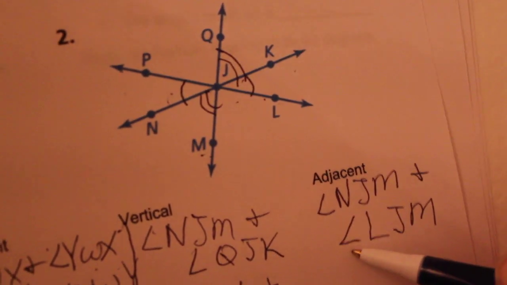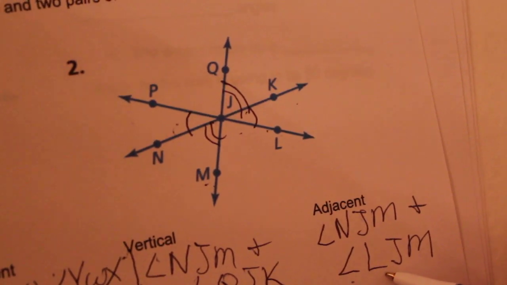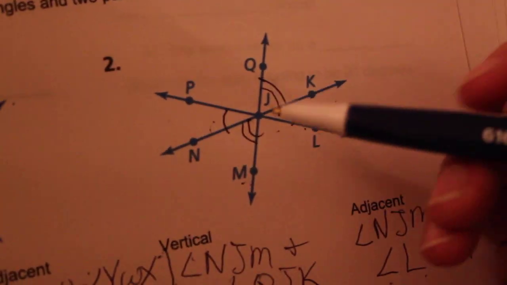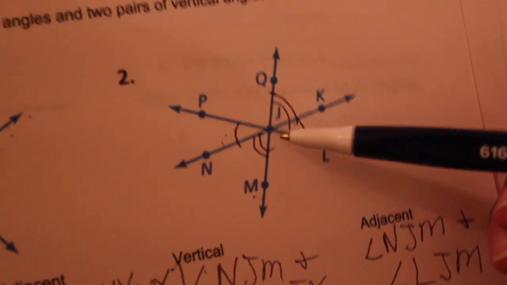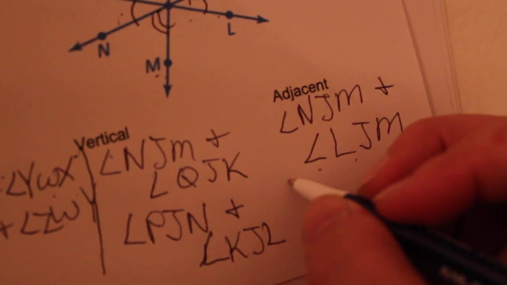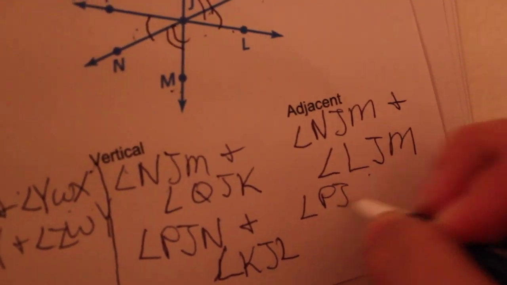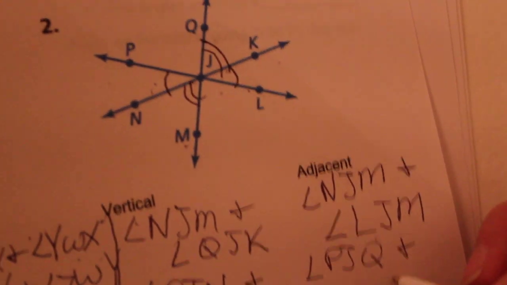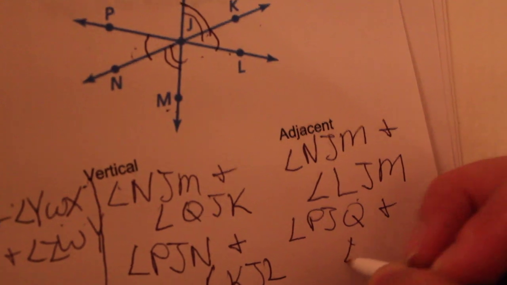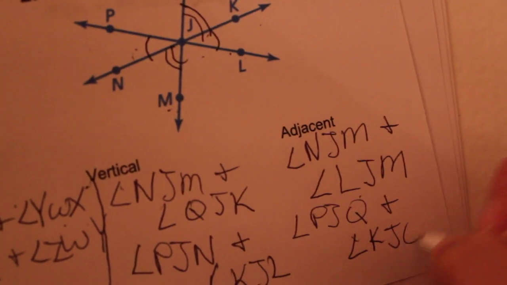Notice my difference between my angle sign and my L. One other one we could use, we haven't used this one yet, PJQ and KJQ. Okay, now that we've gone over our examples, we're going to flip the page.